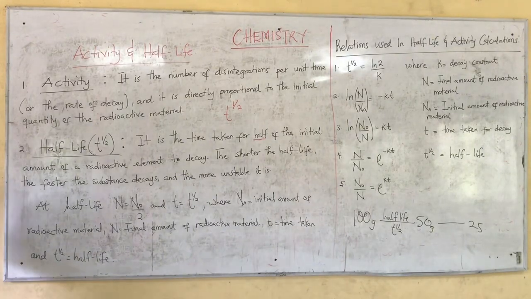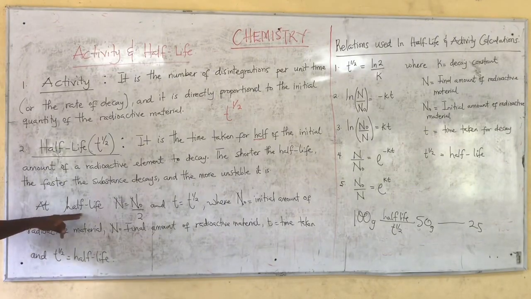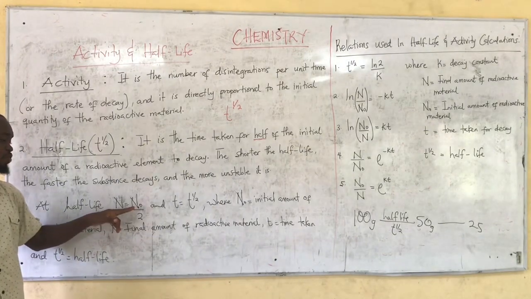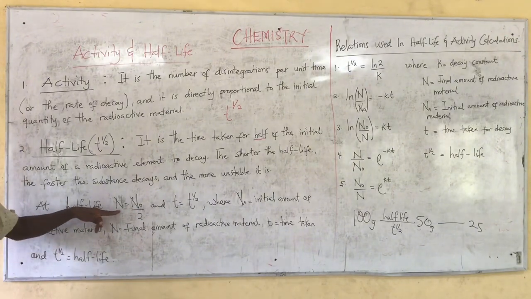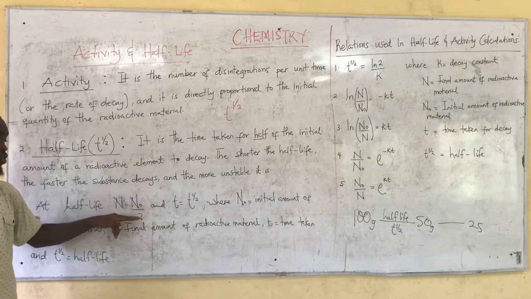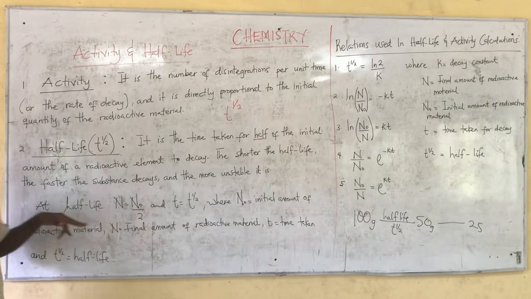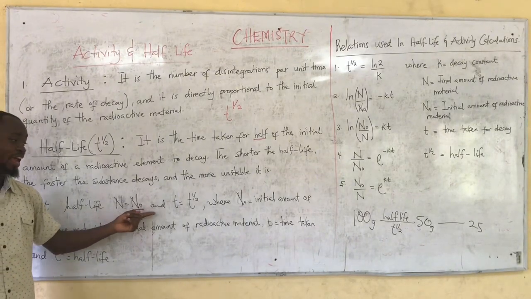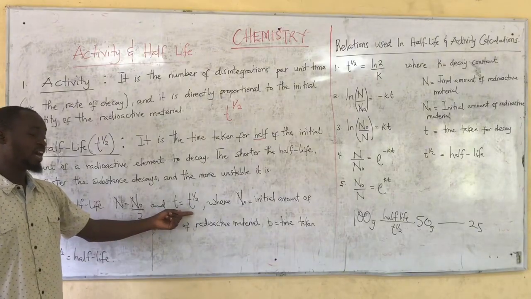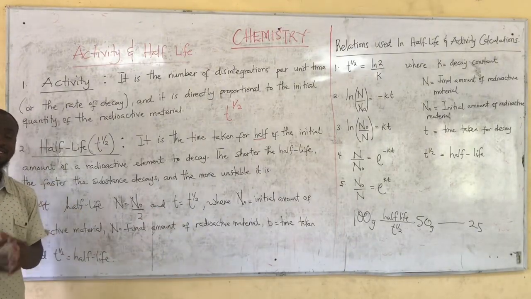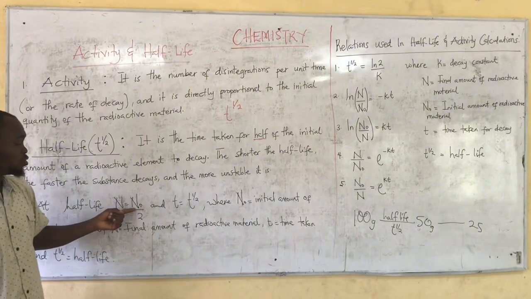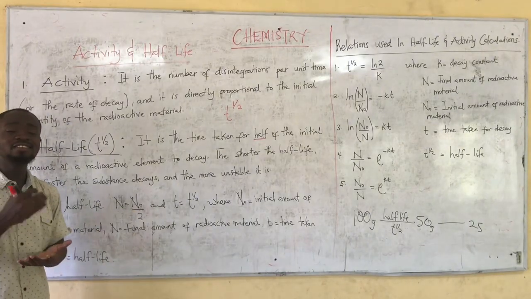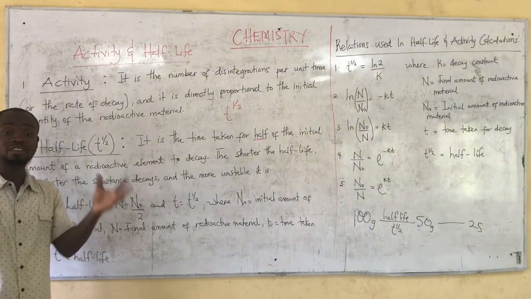Alright, so I just gave some mathematical ideas here. At half-life, N is equal to N naught over 2, and t is equal to T half. It simply means that N naught is the initial amount of the radioactive element.